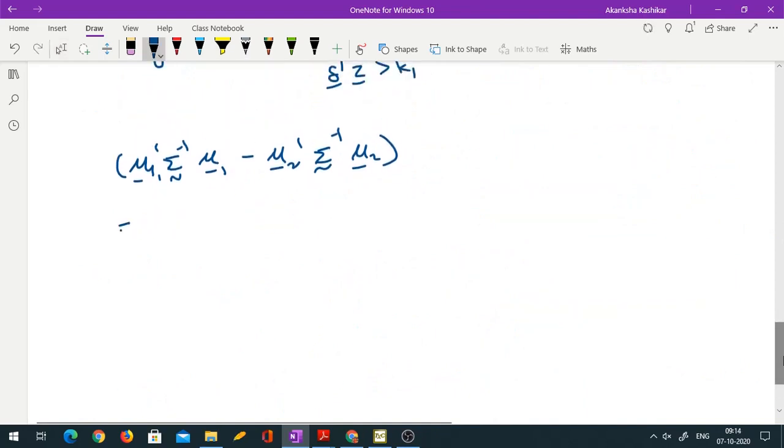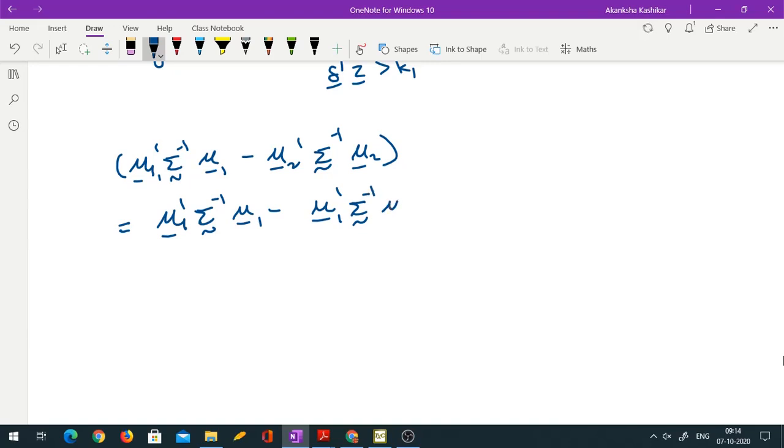So can I try to write this in some other form? Okay, so I have mu1 prime sigma inverse mu1. Let me add and subtract mu1 prime sigma inverse mu2. Does it make things different?